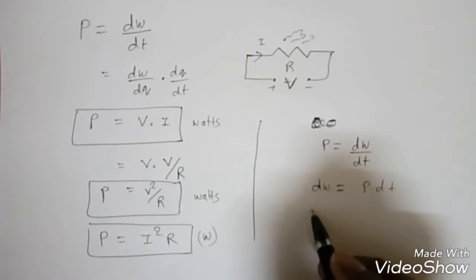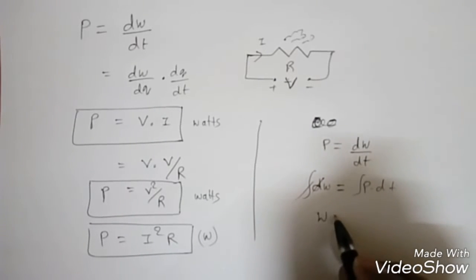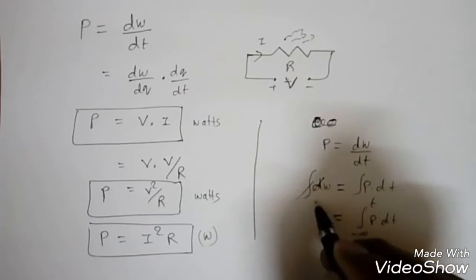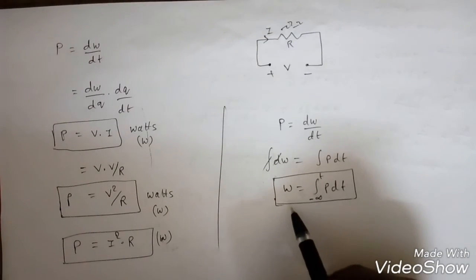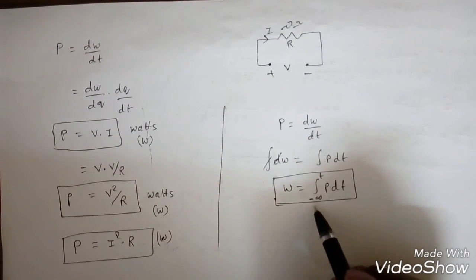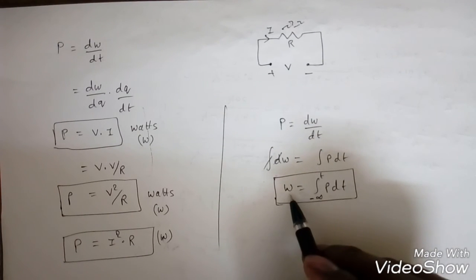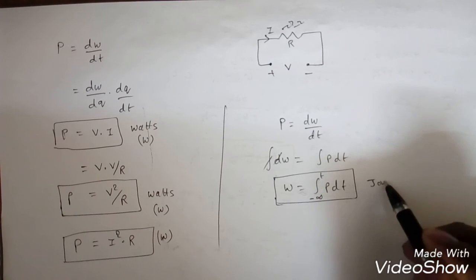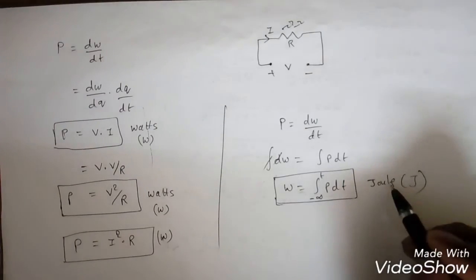If I integrate both sides, the d will cancel. So the energy absorbed in the resistor is the integration of P into dt from minus infinity to t. This is the generalized expression for energy. It is measured in joules, or simply J, the SI unit.